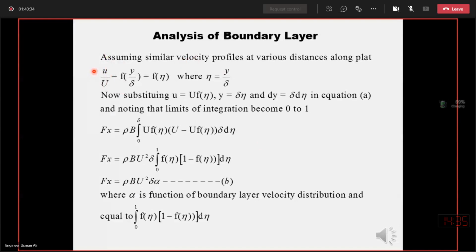So the ratio of the velocity to the undisturbed velocity is a function of the ratio of distance y over del, because at distance del the velocity is U and at distance y the velocity is small u. So these two ratios depend on each other: as one ratio increases or decreases, the other increases or decreases.